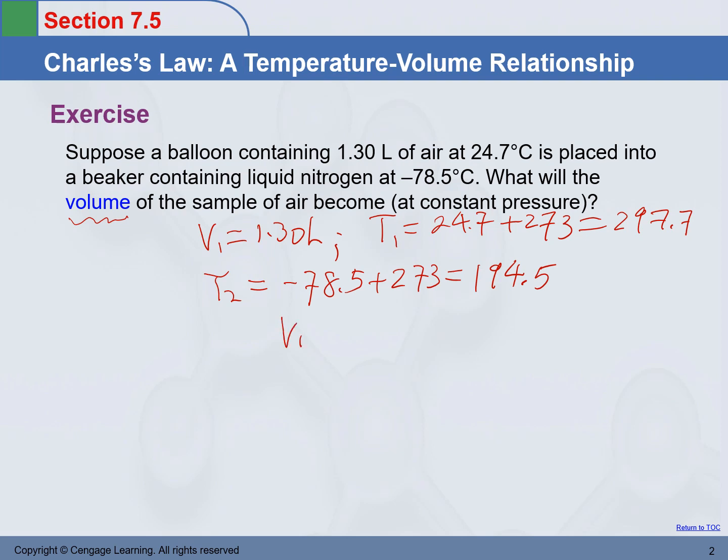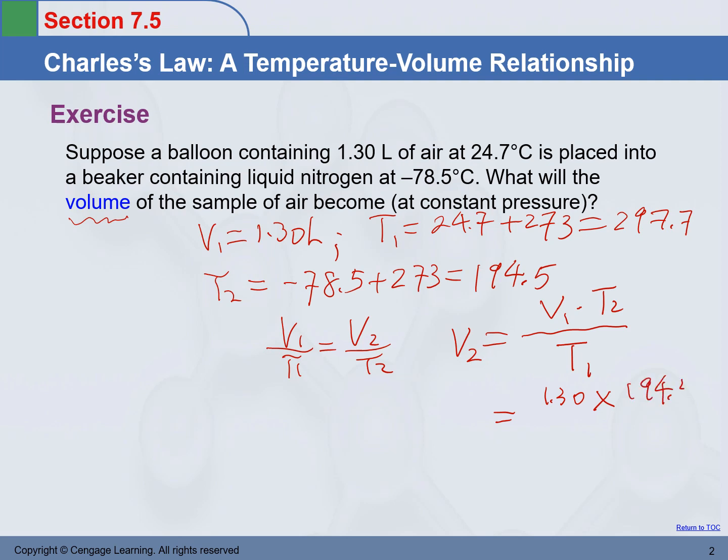Now, let's start the setup of Charles' law. So V1 over T1 equals V2 over T2. Multiply both sides by T2, we isolate V2 out. V2 equals V1 times T2 divided by T1, which is V1 is 1.30 liter, T2 is 194.5 Kelvin, and T1 is 297.7 Kelvin.